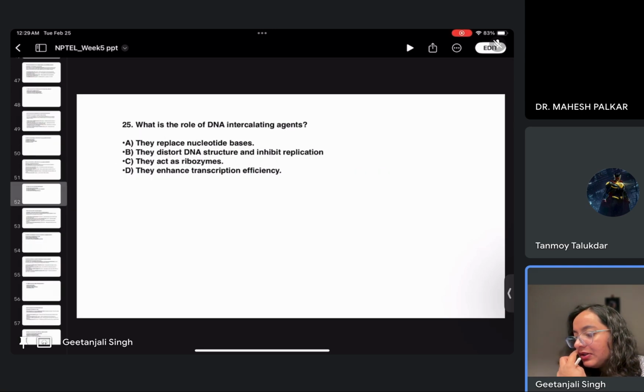The next question is, what is the role of DNA intercalating agents? A, they replace nucleotide bases. B, they distort DNA structure and inhibit replication. C, they act as ribozyme. D, they enhance transcription efficiency.